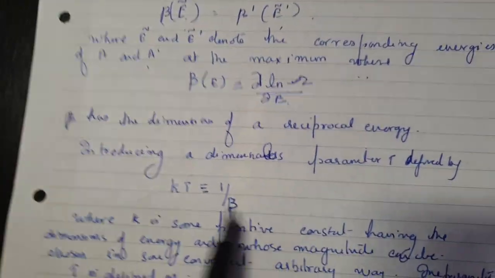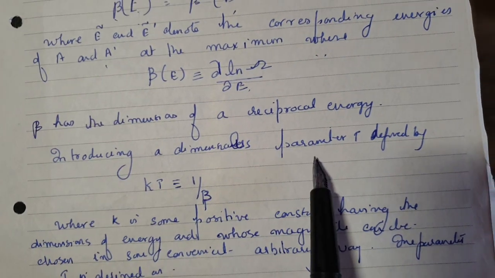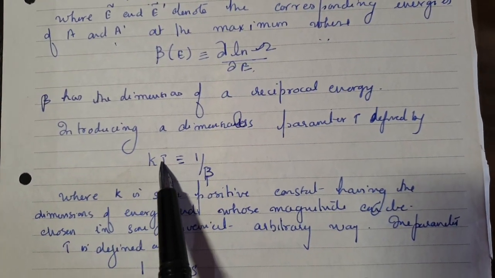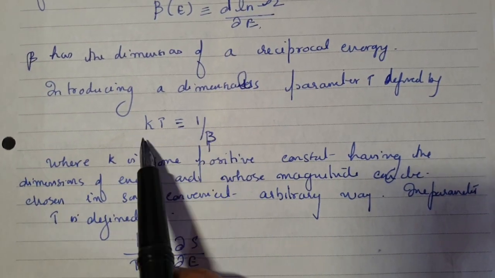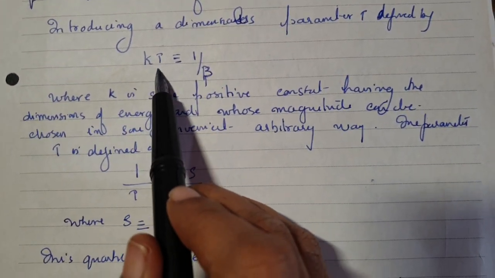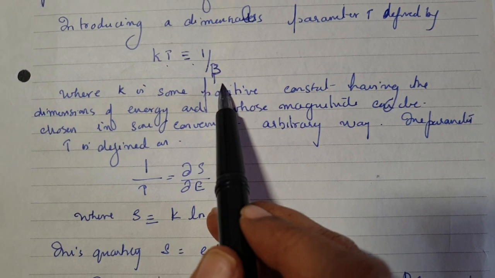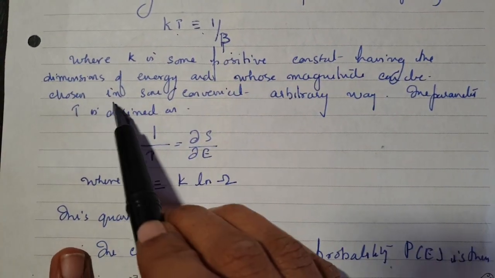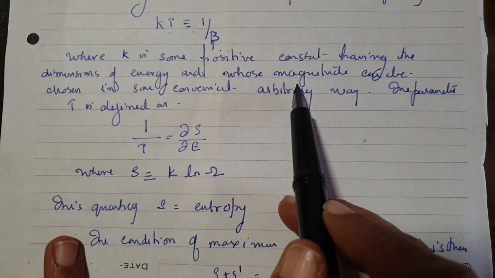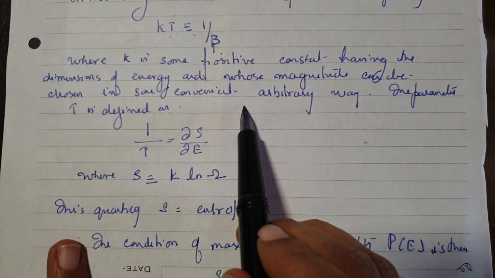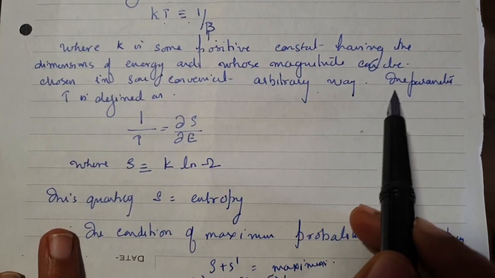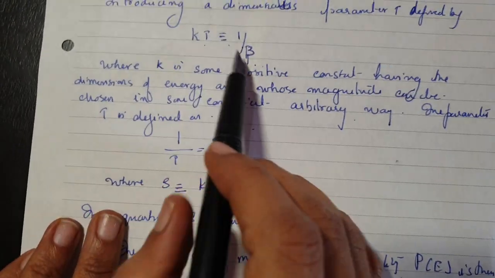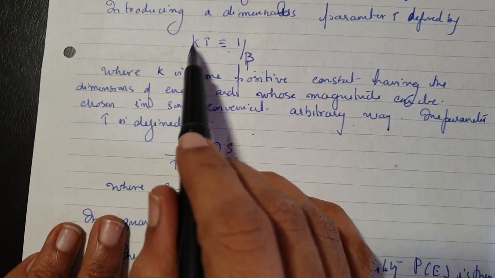Then another thing we are introducing is a dimensionless parameter T. I am going to put kT equal to 1 by beta, so this will have the value of energy, where k is some positive constant having the dimensions of energy, whose magnitude can be chosen in a convenient arbitrary way. Now we are defining a parameter T. We already know what kT is: Boltzmann constant and temperature.